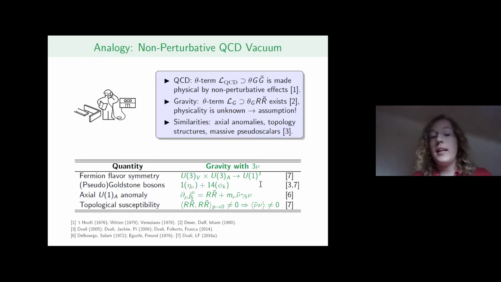And this means that we're getting more Goldstone bosons in this case. So from this U1 sector, we get a meson, like a neutrino meson, called eta nu. This is this massive pseudoscalar degree of freedom. And on top of that, we get 14 massless bosons, which are arising from breaking the rest of the symmetry.